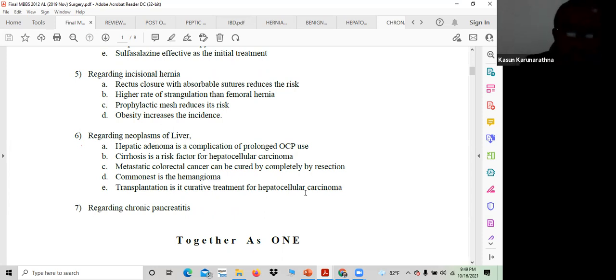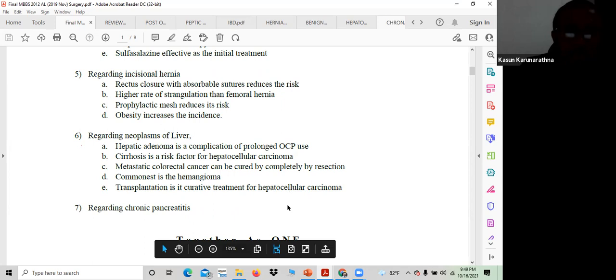If it is not a multifocal disease, it is unifocal, without involvement of IVC, if it is completely resectable, a local disease without metastasis, then you can resect the liver and do the transplantation, and it will be curative. Right?